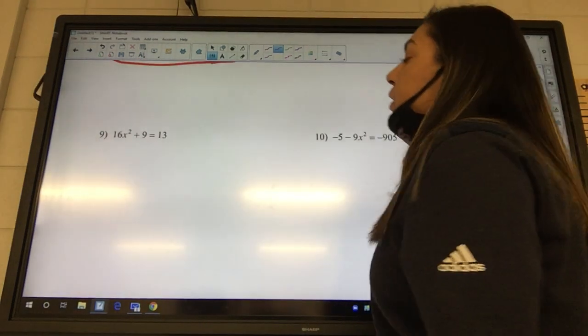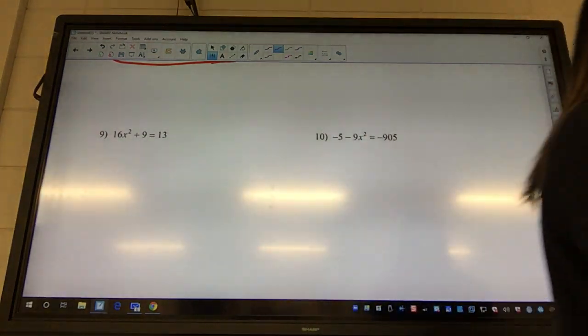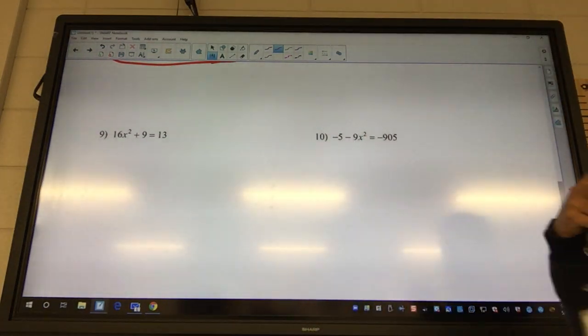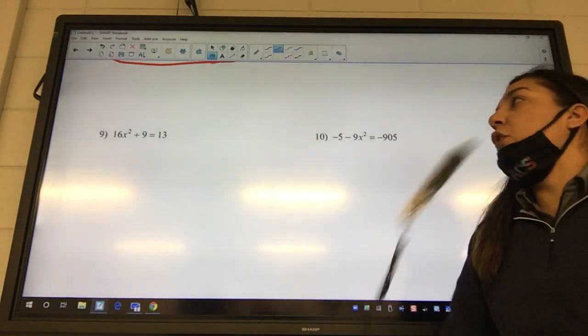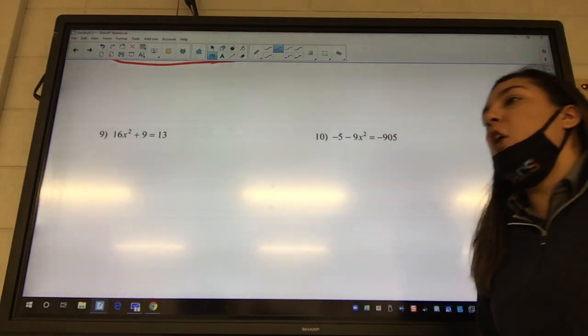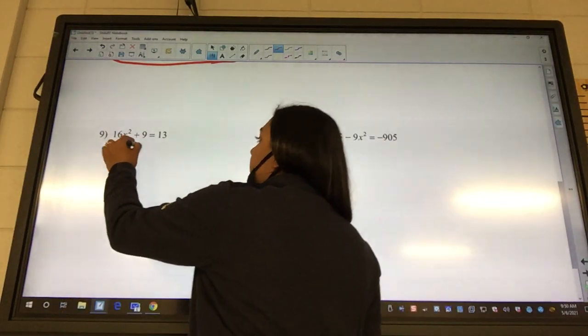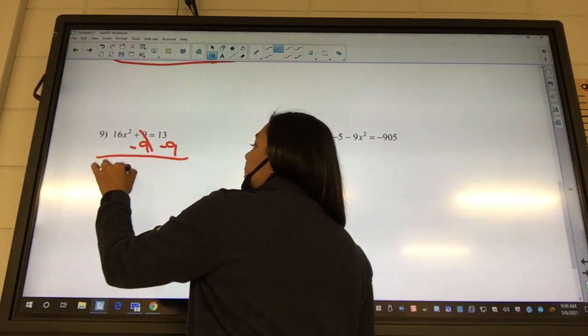Okay, now this is the 3 to 4 step we're getting into. When we do the 3 to 4 step, you always do that addition or subtraction first. So what needs moved? The minus 9. So we're going to say minus 9, minus 9. Now, 16x squared.